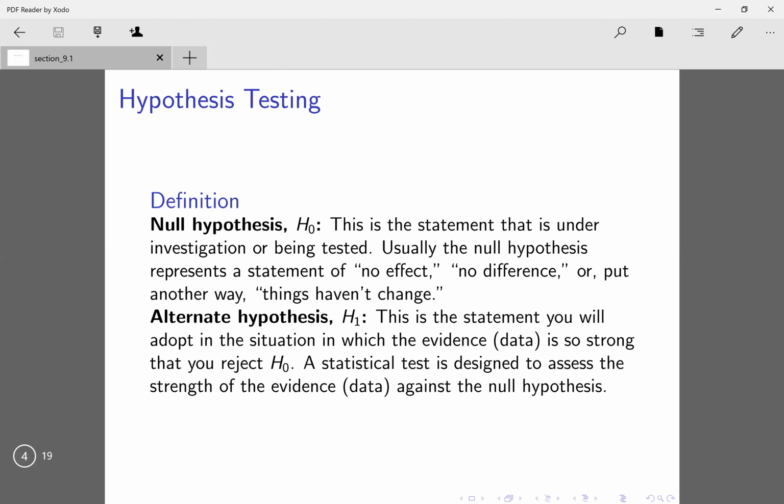Well, the alternate hypothesis, H1, sometimes called the alternative hypothesis, is the hypothesis that is in opposition to the null hypothesis. We're gathering data, and we want to know if our numbers give us sufficient reason to believe the alternate hypothesis over the null hypothesis.